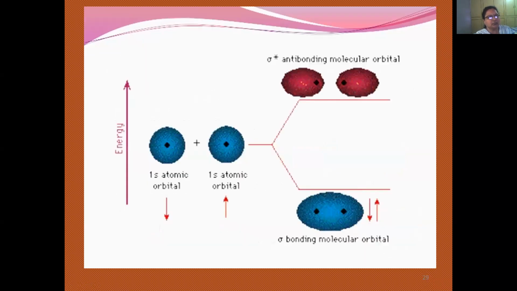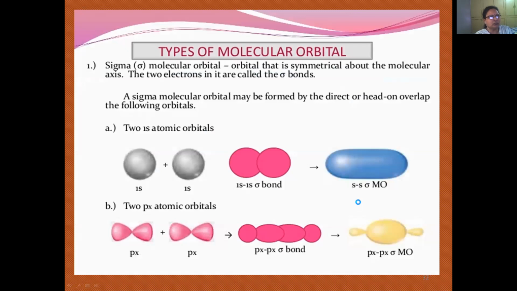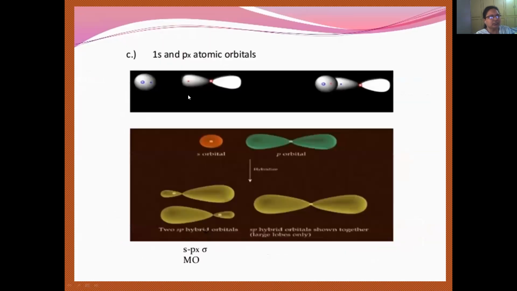This is the formation of a sigma bonding as well as a sigma anti-bonding molecular orbital. You can see here that the 1s and px atomic orbitals form a sigma bond.